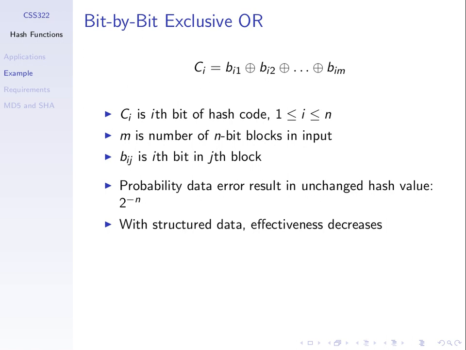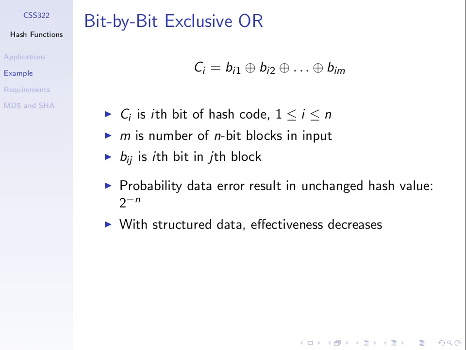Just to demonstrate something we can calculate on the board, we have some message. In this example, it's 12 bits long. We'll apply this algorithm to calculate the hash value of this message.